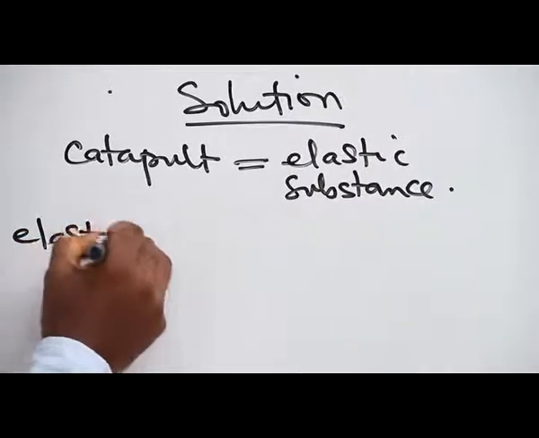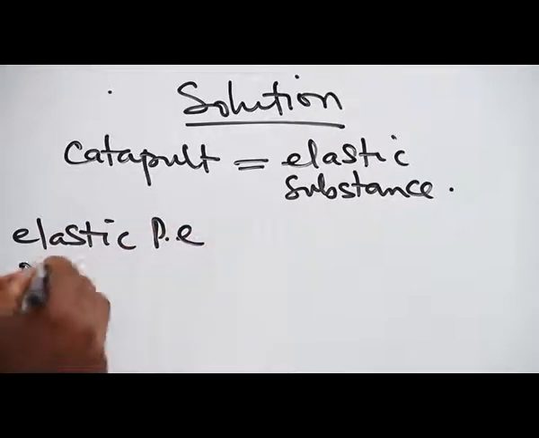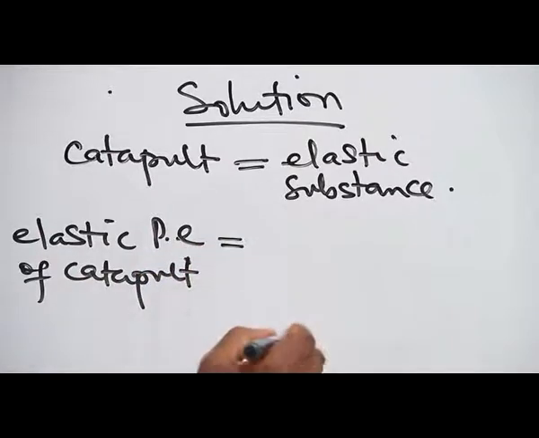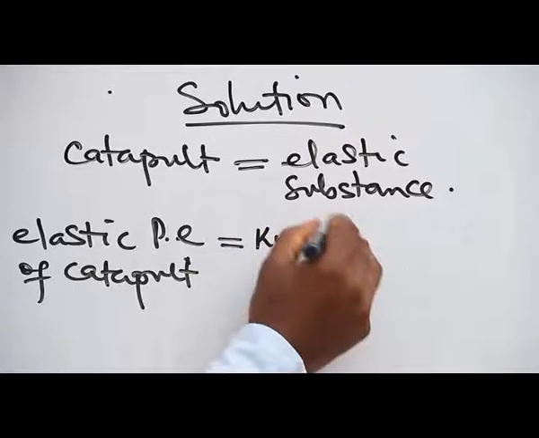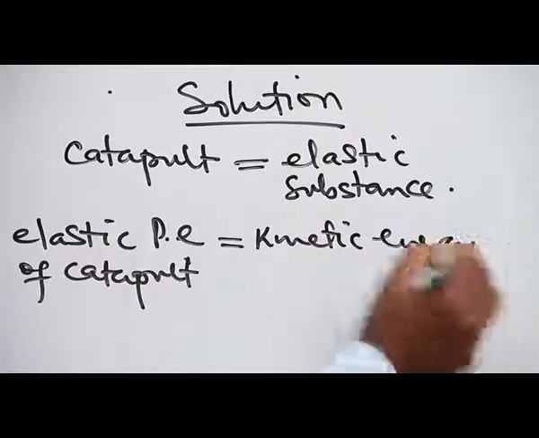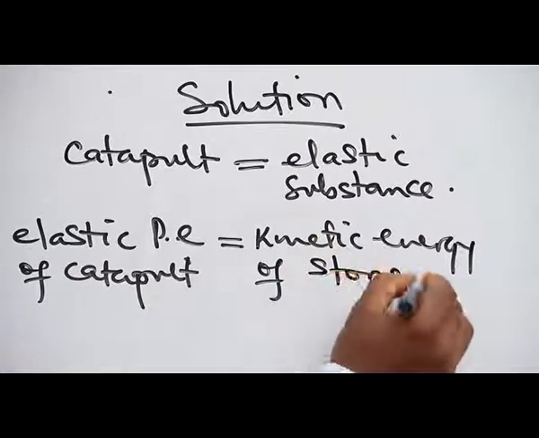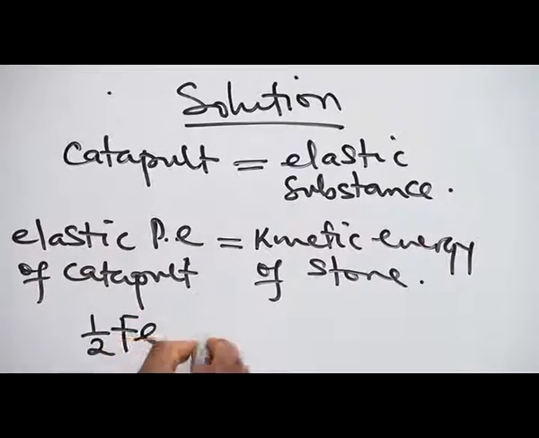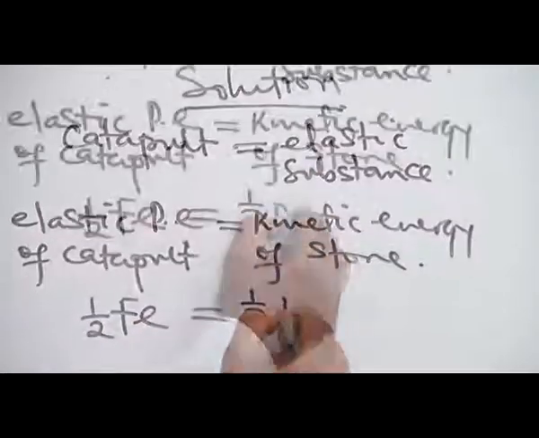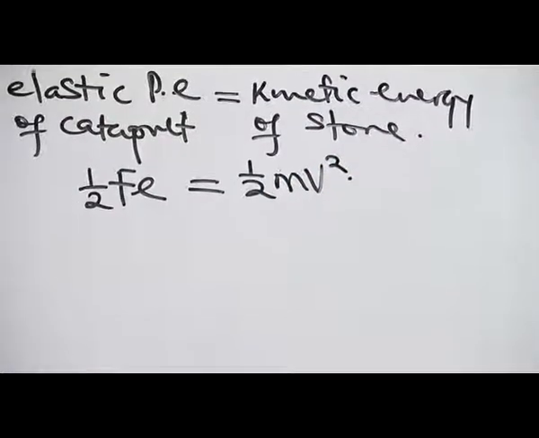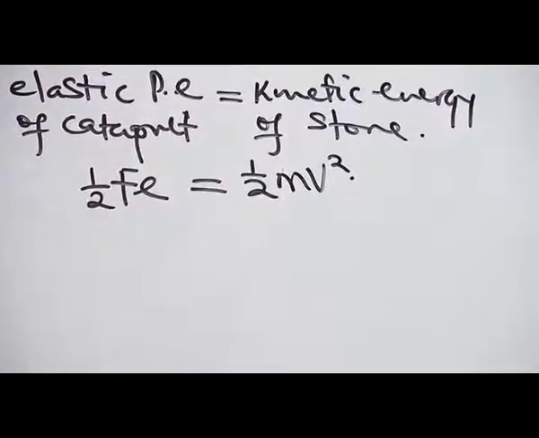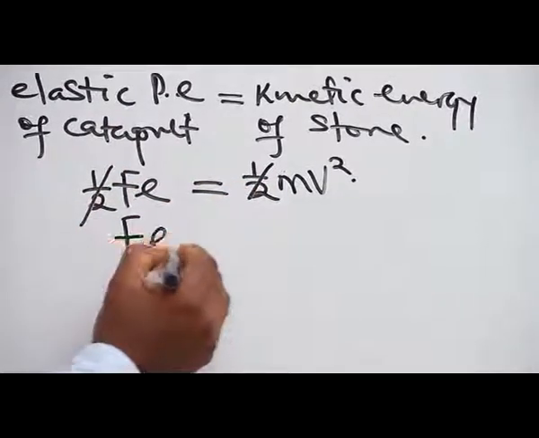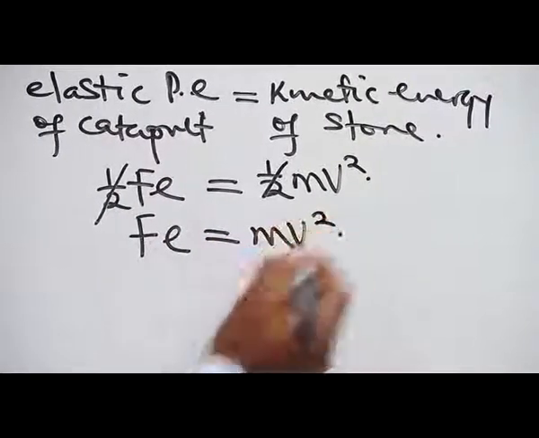Elastic potential energy of catapult equals energy of motion of the stone, kinetic energy of stone. So we have half Fe, that's the potential energy, is equal to half mv squared. So half we cancel out on both sides, we are left with Fe is equal to mv squared.